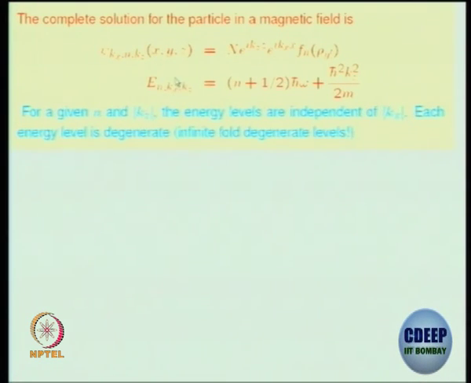But we have seen that the kx and n are coupled in such a way that the energy depends only on the harmonic oscillator, kind of shifted harmonic oscillator. So there is no kx dependent energy. Is it clear? kx will only show up in the shifting of the harmonic oscillator.